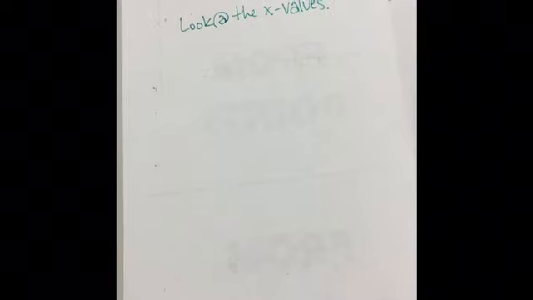So over here we're going to write down, look at the x values. Okay, we always want to look at those x values because the main thing about a function is if those x values repeat, then it is not a function. So write that down.